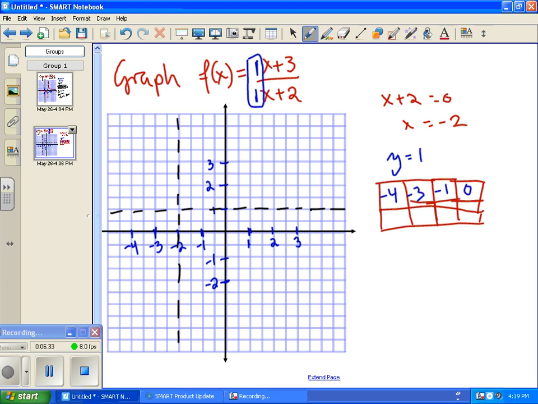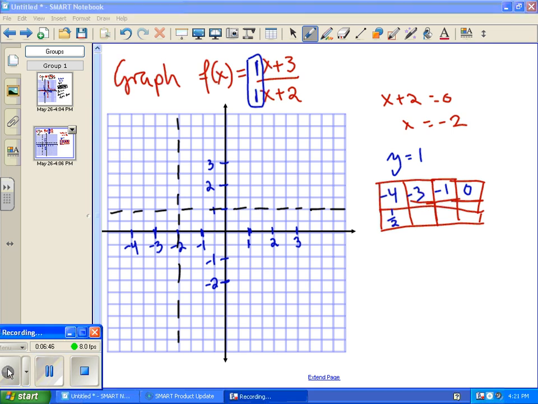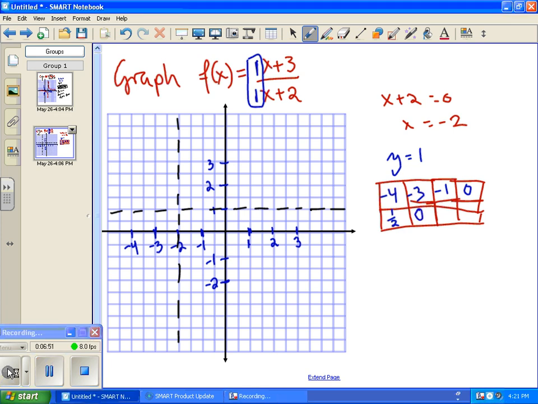Okay, so when I plug in -4, I get 1/2. Okay, when I plug in -3 in our equation, I get 0. When I plug in -1 into the equation, I get 2. And when I plug in 0, I get 3/2, or you can think of it as 1.5 if you don't want to do fractions. So let's plot those.